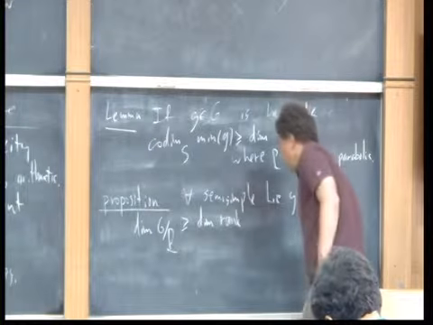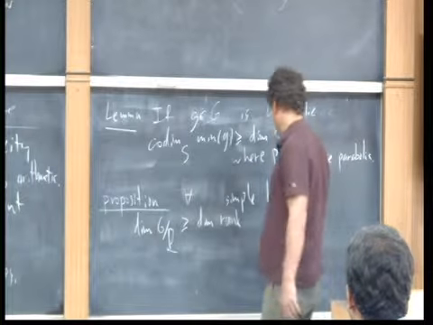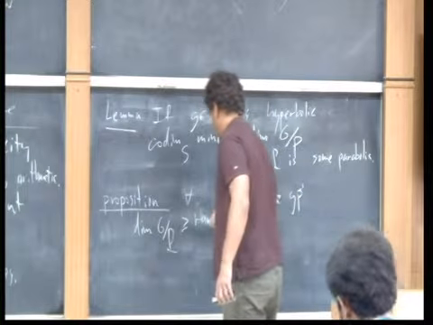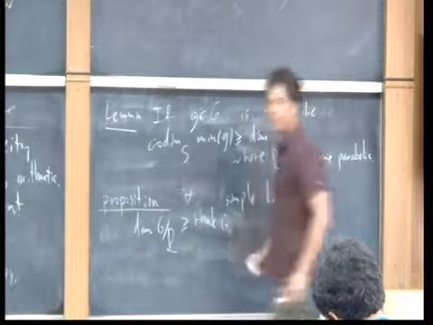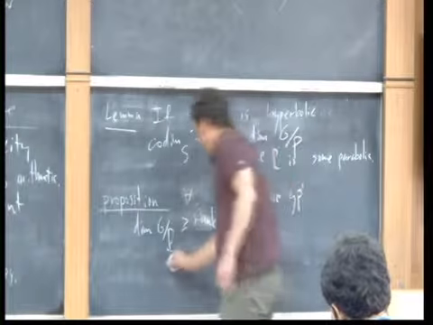For any simple group, the dimension is at least the rank. And moreover, equality can happen.